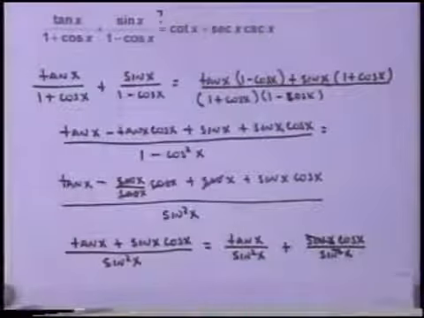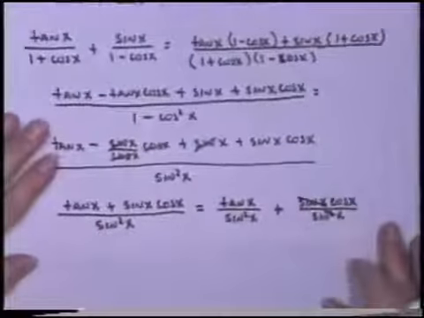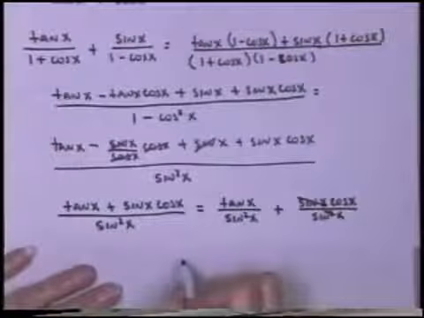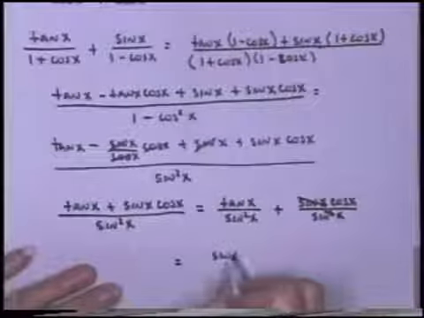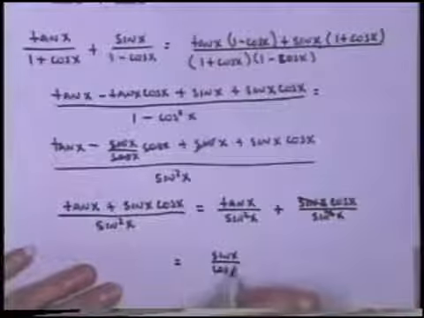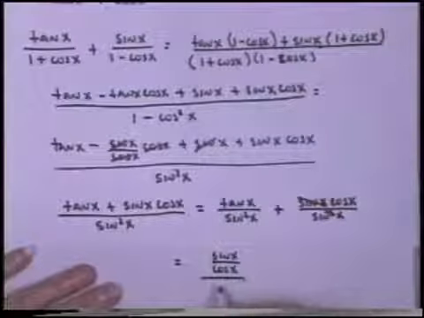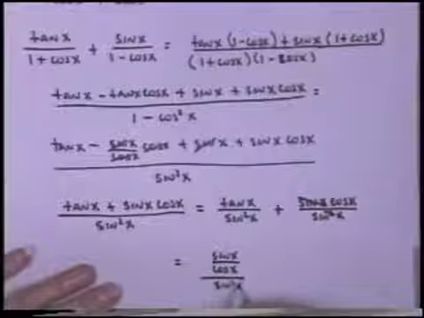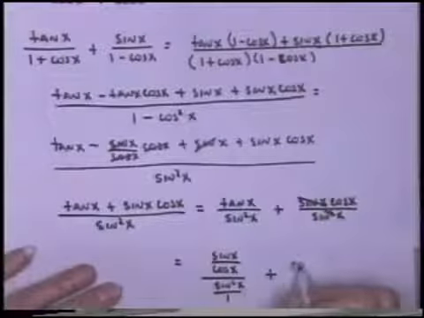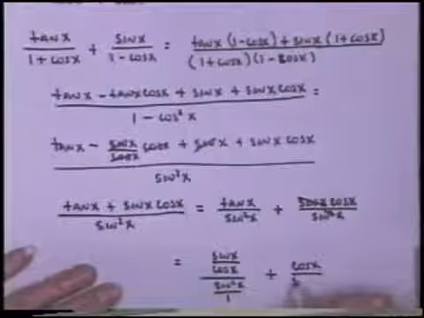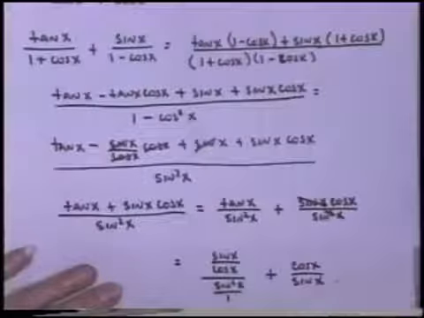Now, I'm going to need a little bit more paper. Let me pull another piece up here. And let's see what we can do on this other side. I think what I'm going to do here, tangent is sine over cosine. And I'm going to write this as sine squared x over 1 plus this cosine x over sine x.